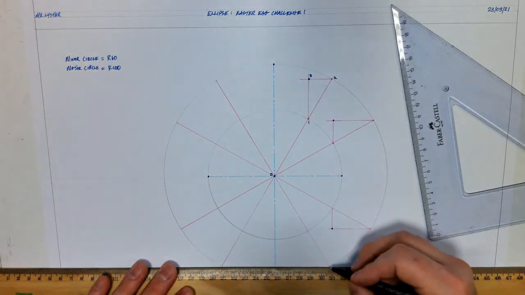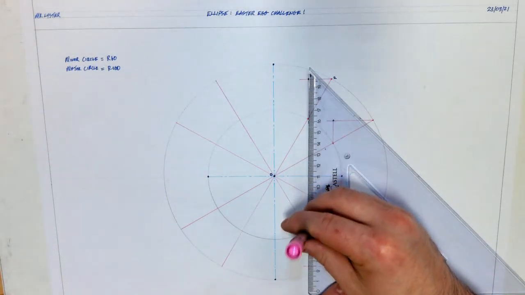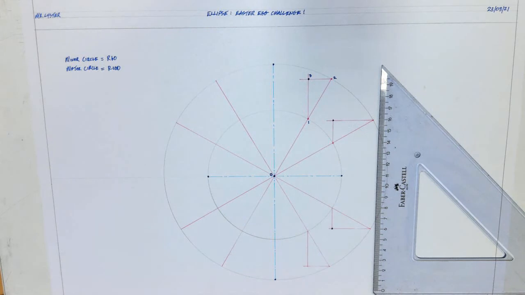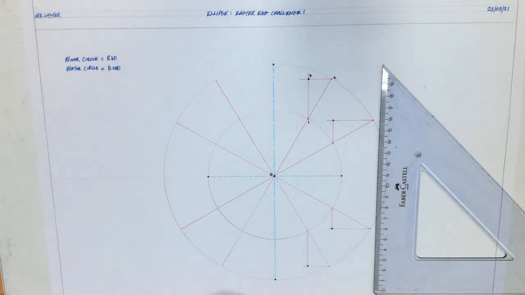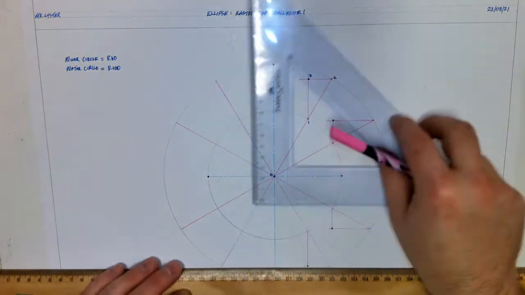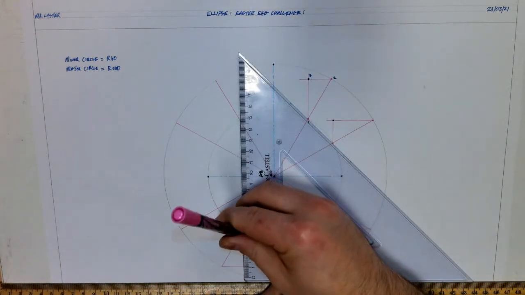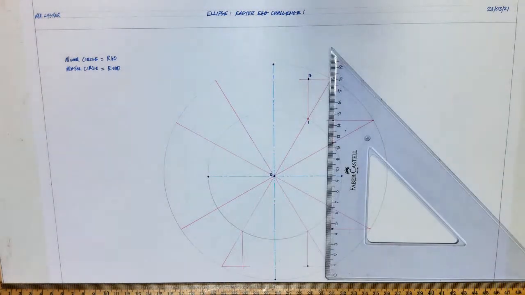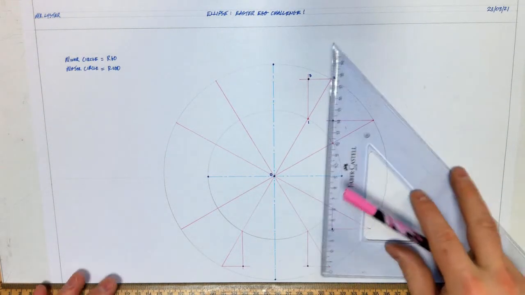Likewise, we go down to the bottom here, and we'll highlight another point there, like so. And likewise, we're going to do the same over on the other side of the ellipse, the other half of it, and down. And I'm just putting a dot on the points here just so I can highlight them to you as you're looking along.